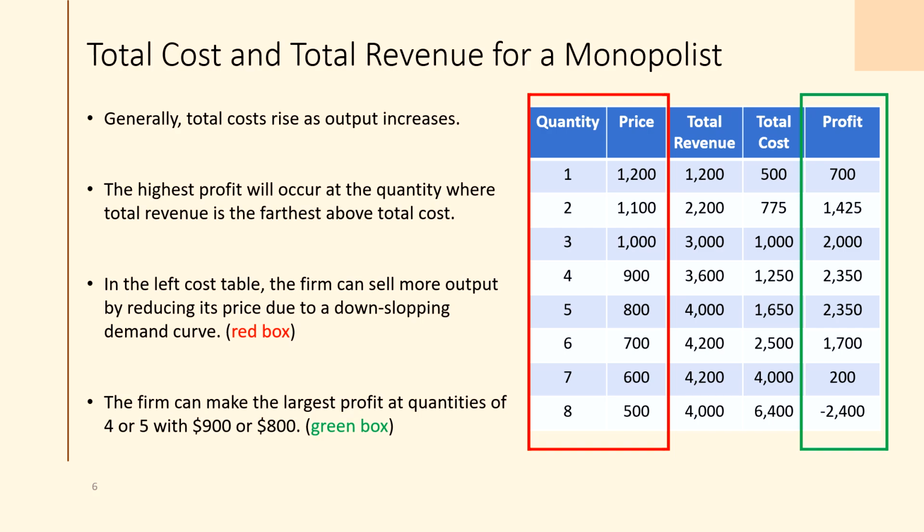This means quantity rises but price falls. Now look at profit, which equals total revenue minus total cost. From the table, the highest profit occurs at a quantity of 4 or 5, where profit equals $2,350. This suggests that producing too little reduces revenue, while producing too much increases cost and lowers price too much.